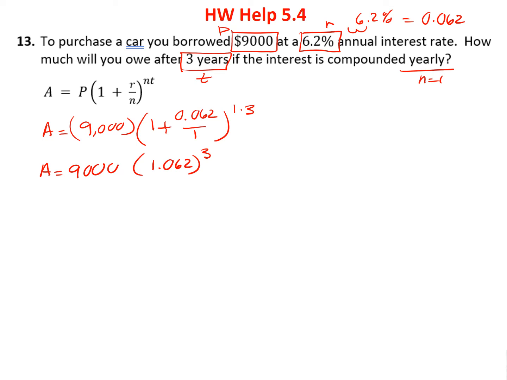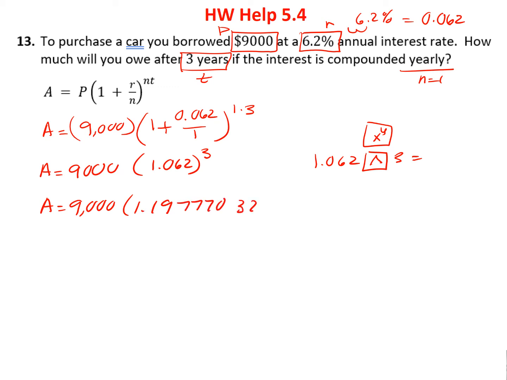Now let's get out our scientific calculator. If you have a calculator, you're going to get 1.062. You're either going to use the caret button, or maybe your calculator has this kind of button, and then put in 3, and then enter. So let me do that right now. 1.062, my caret button to the 3, and that's going to be 1.197770328.